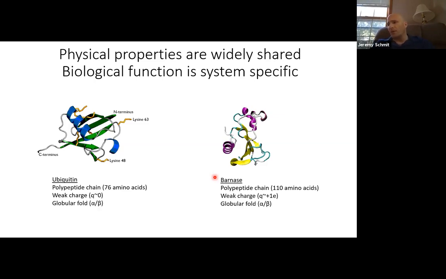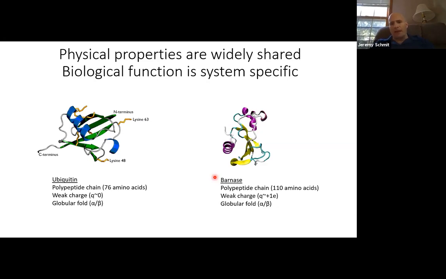And finally, we could go in and look a little bit more at the structure, and these are both globular folds with a mixture of alpha and beta elements. And so, looking at these together, I'd feel quite confident that anything that I said about the physics of one of these molecules is likely to be equally valid for both of them. Physically, these molecules are very, very similar.